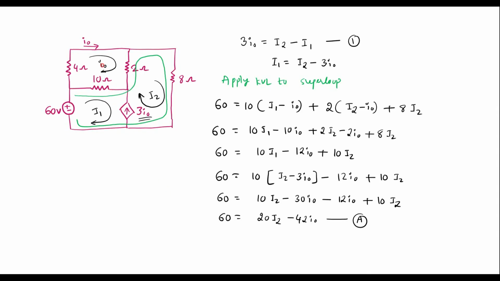Now similarly, apply KVL to this independent loop I0.